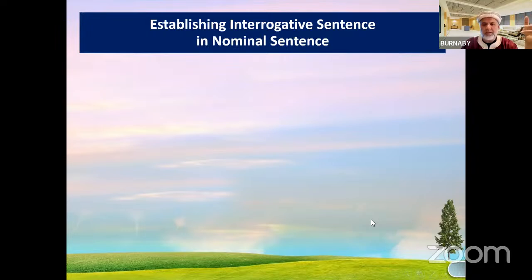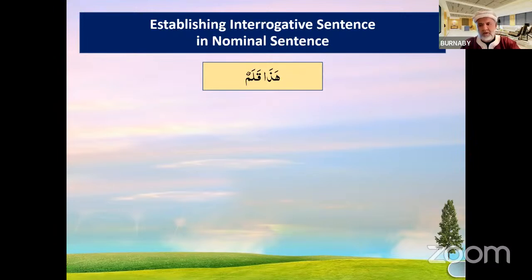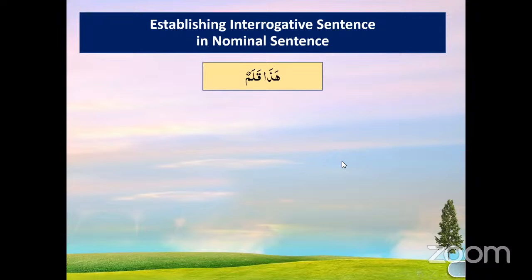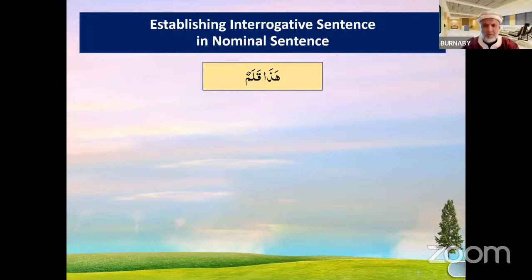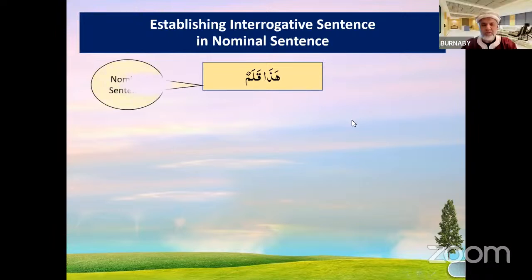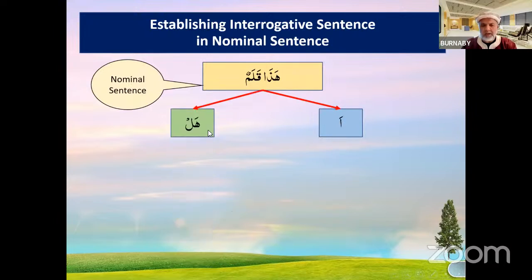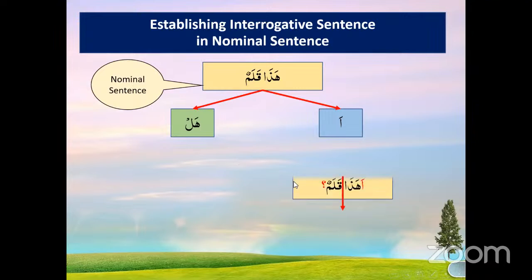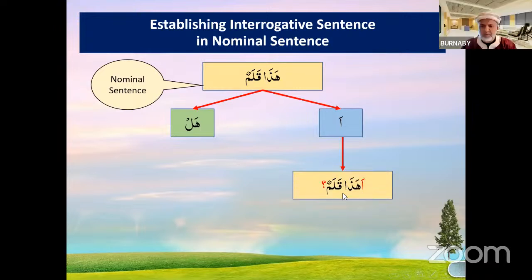Correct? Okay. So for example, haza kalamun. What will be the translation of haza kalamun? This is a pen. It's a normal nominal sentence, correct? Now we want to make it into a question. I can either use a or I can use hal. Then it will become a haza kalamun.